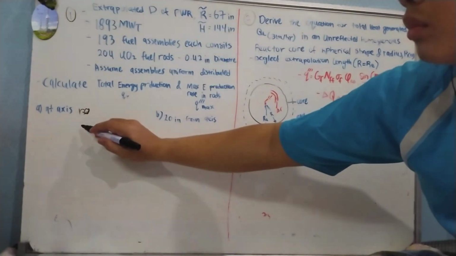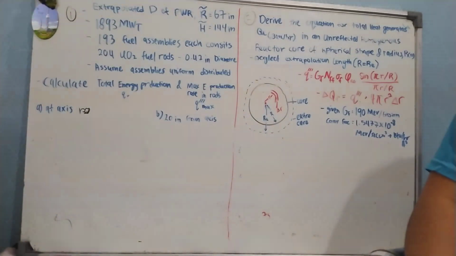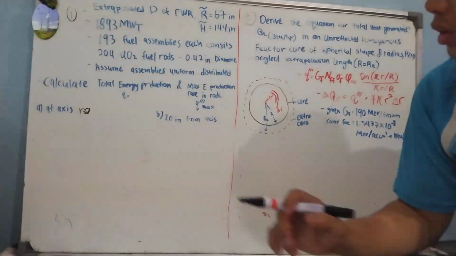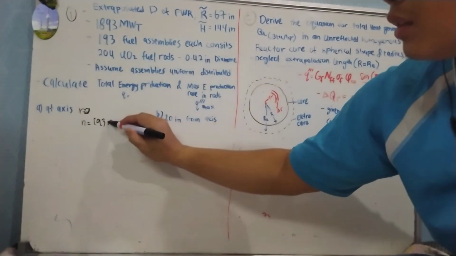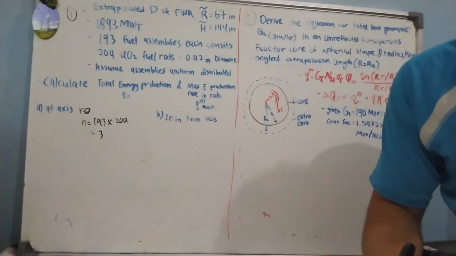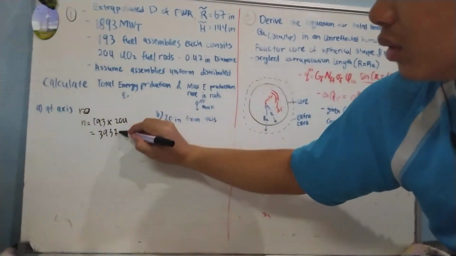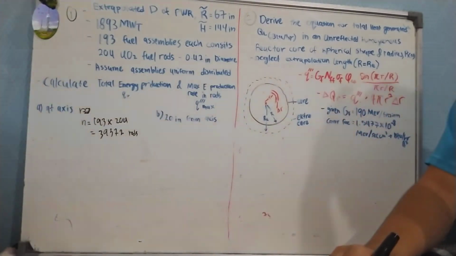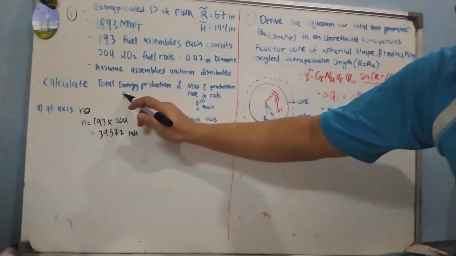So the total number of rods N is 193 times 204, so we get 39372 rods total.